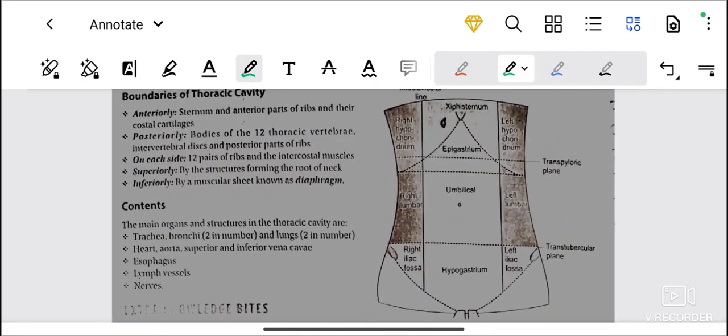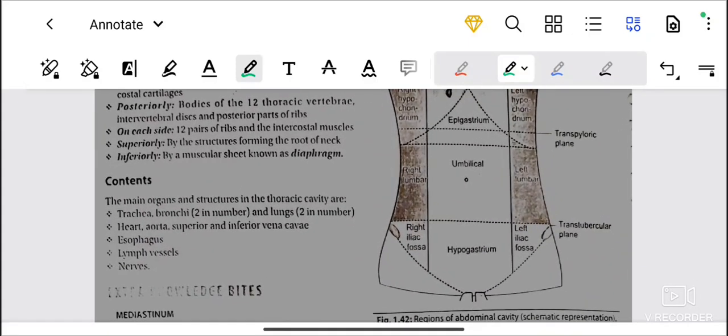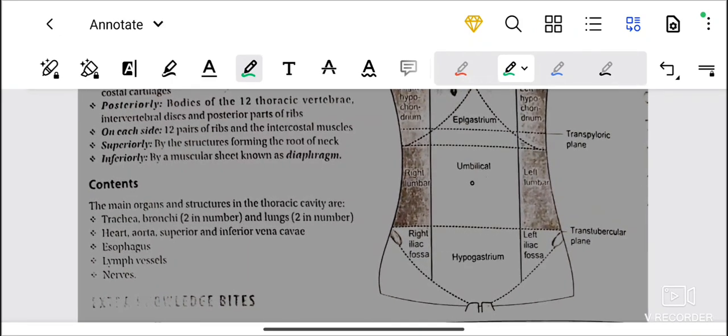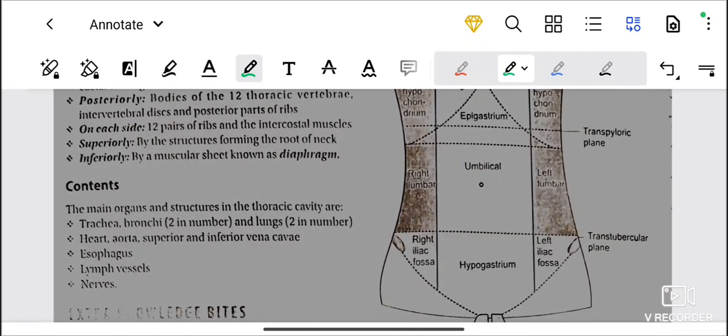The contents of the thoracic cavity. What will be the contents? What organs are contained in the thoracic cavity? The trachea, which is one, and the bronchi, which divide into two, and two lungs, one pair of lungs and one pair of bronchi will be present.